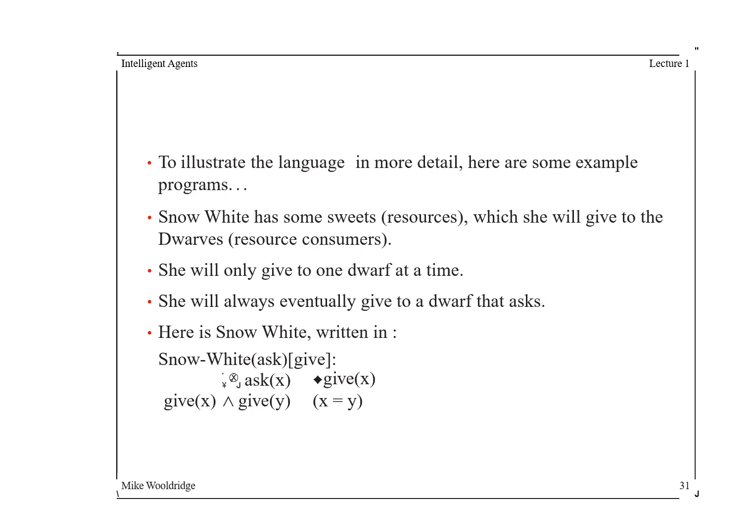She will eventually give to a dwarf that asks. So if I have give x and give y, these are my two logical statements, then she will be giving to one dwarf at a time. That's why it's given over here as x is equal to y. And the second statement, represented by this logical expression, is that she will always eventually give to a dwarf that asks.